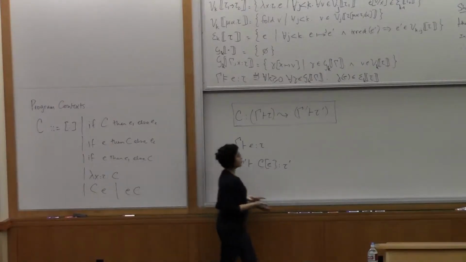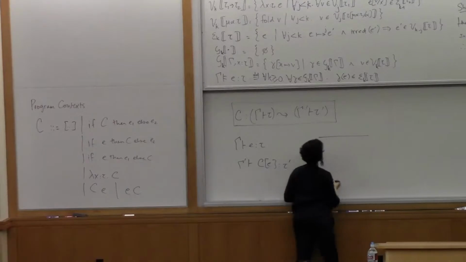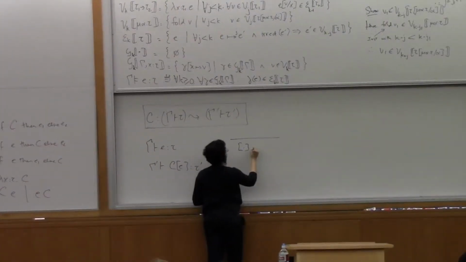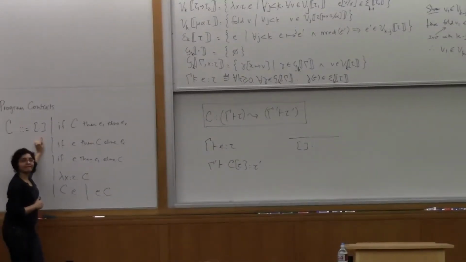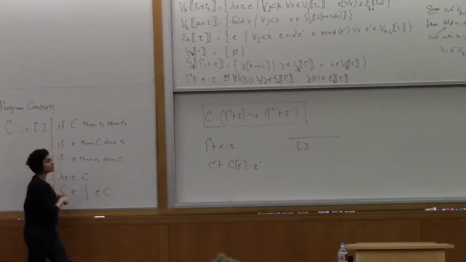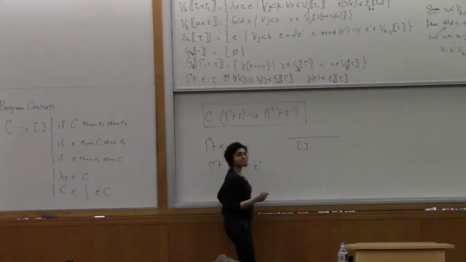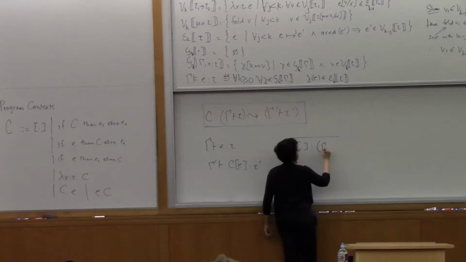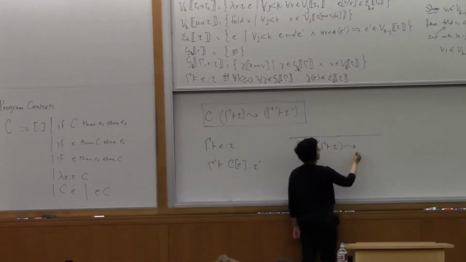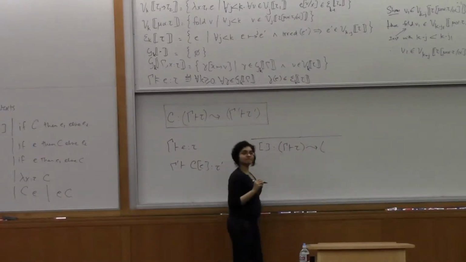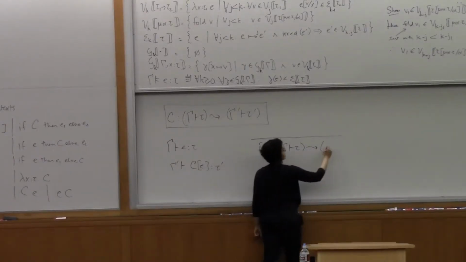So I'm not going to show you typing rules for contexts in any detail. There's only a couple that are interesting. How would you write down a typing rule for the most basic context that we have, for a hole? So let's say the hole has type this. You could do the same thing.